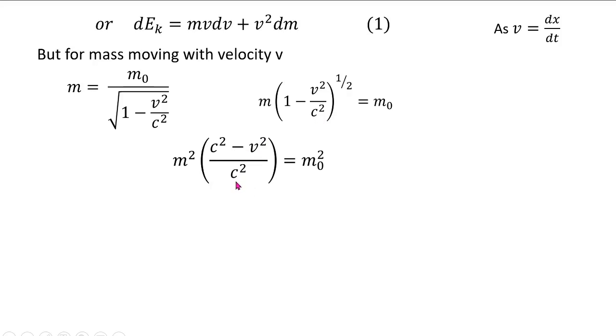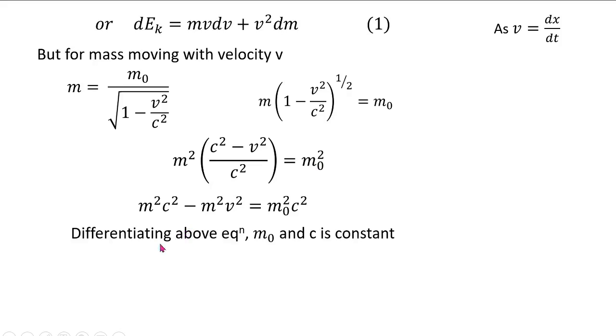If we multiply by c square on the right hand side, then we get m square c square minus m square v square is equal to m0 square c square. If we differentiate this equation, m0 and c are constants. Therefore, differentiating the first term, the derivative of c is 0 because c is constant, and the derivative of m square is 2m dm.